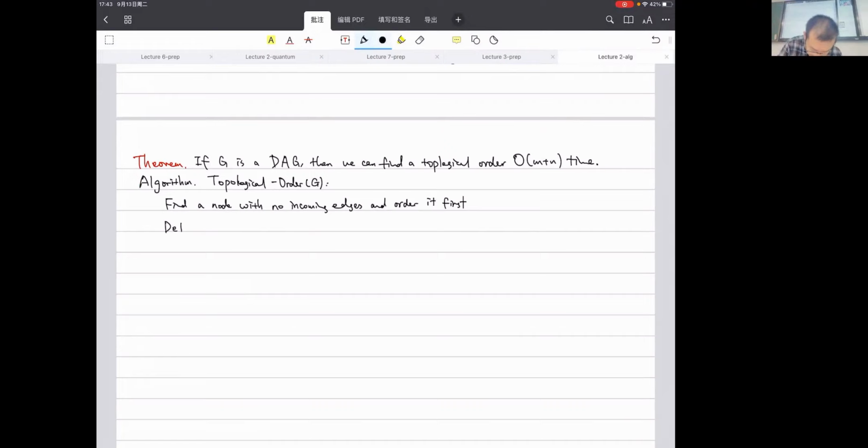Let's denote it first. Then we delete it from G and recursively call the algorithm.